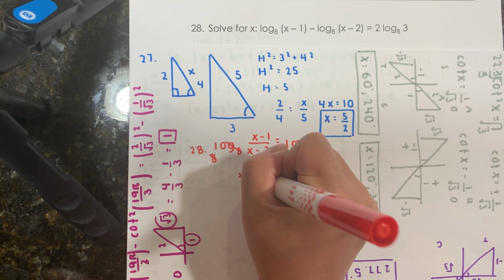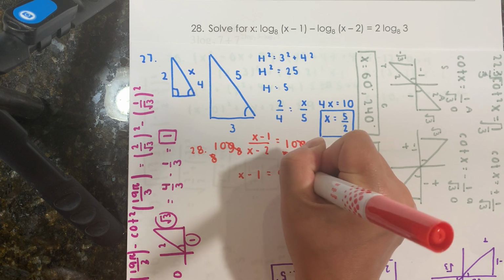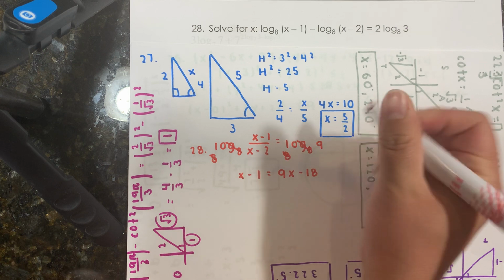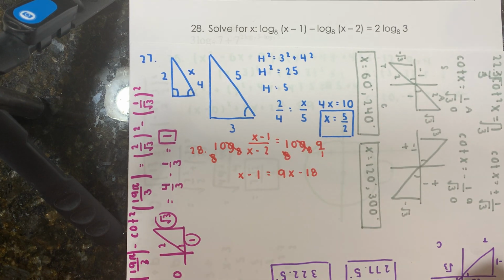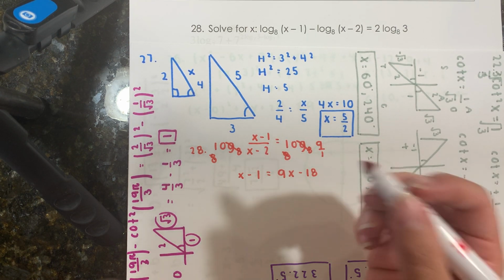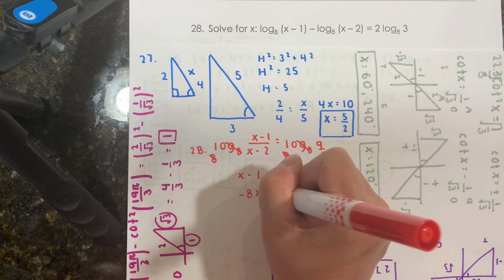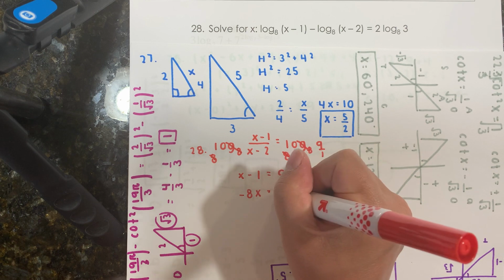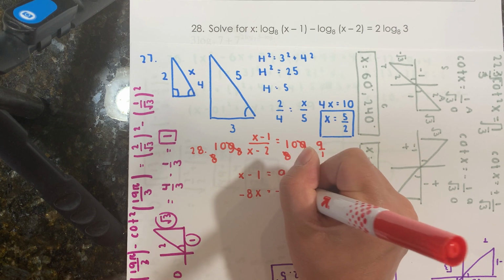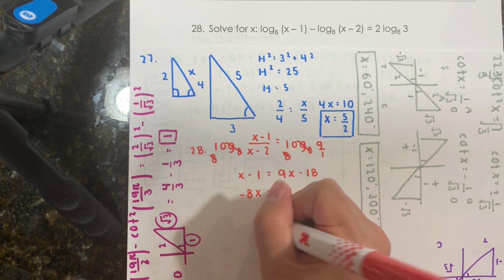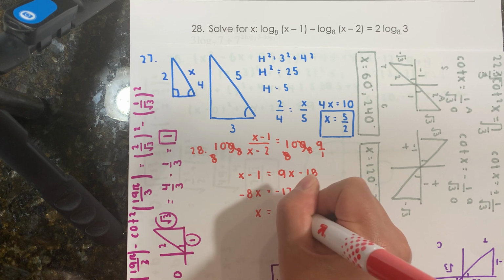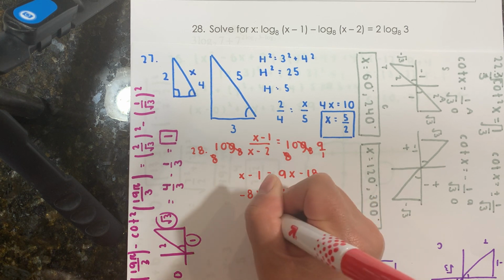So I have x minus 1 equals 9x minus 18, because this is essentially 9 over 1. Now if I move the 9x to the left, I get negative 8x. Move the 1 to the right, I get negative 17. So that means x is going to be equal to 17 over 8.